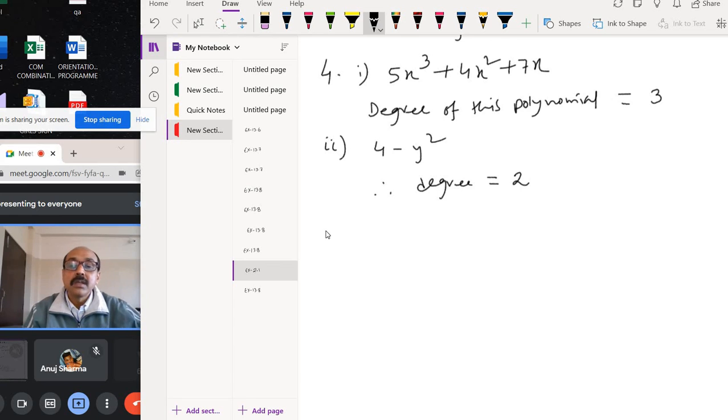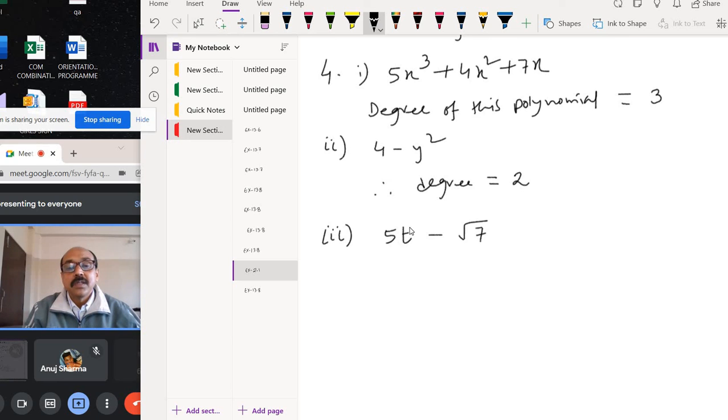Next, number 3. 5t minus root 7. So this is a polynomial of variable t. T is the variable here.